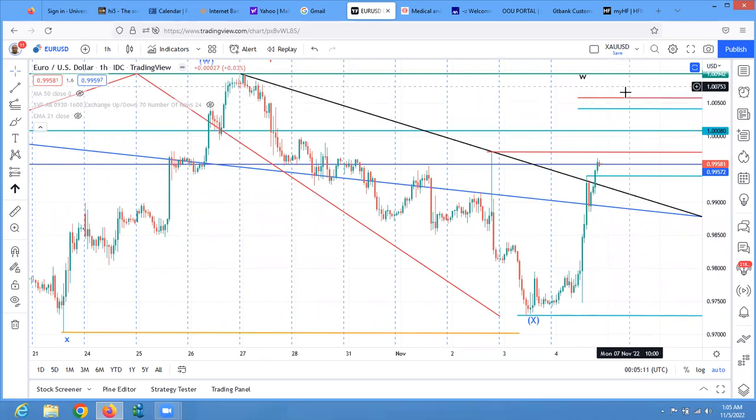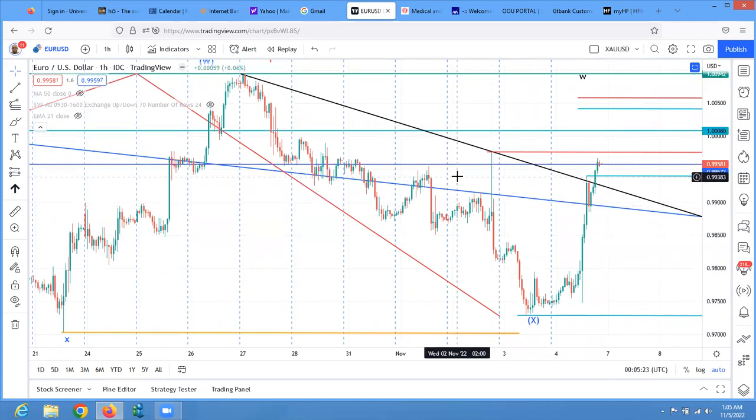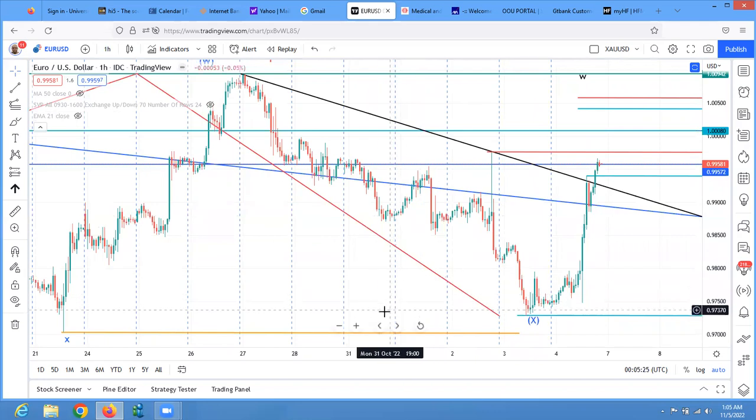So we might be seeing a slight break above to finish this leg of W. Once that happens, we might see a deeper pullback of an X before we see a Y. So that is most likely going to play out that way.